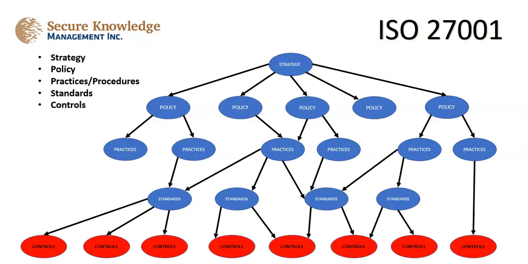So controls fit here at the very bottom. They are protected like standards. They are not revealed generally to people. They are embedded within the security standards that we have. So we know which specific controls we're using to apply in specific areas, such as GDPR, for instance.